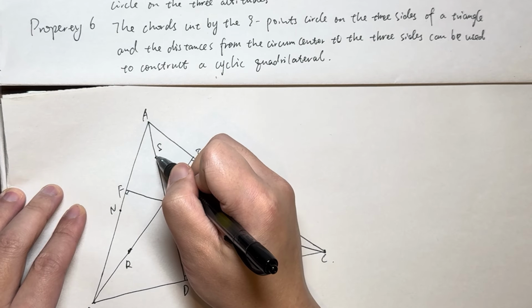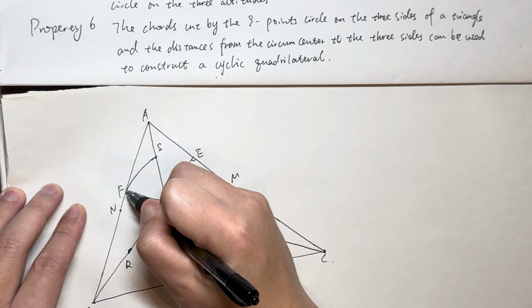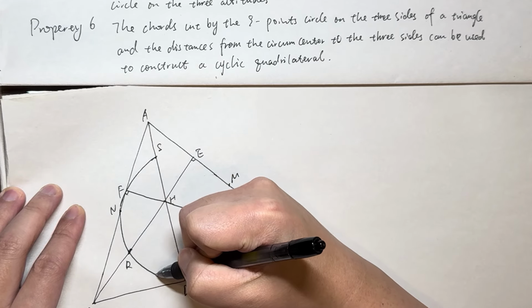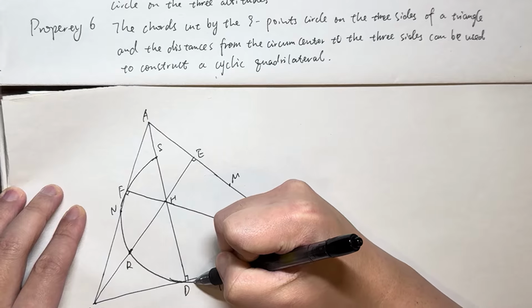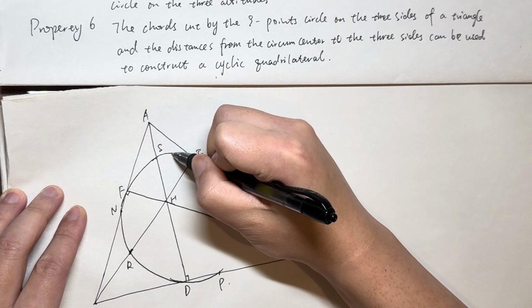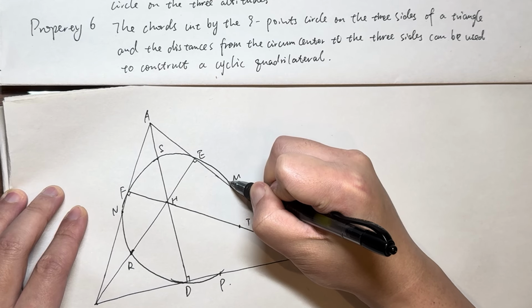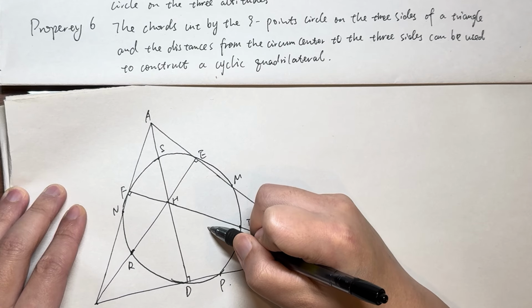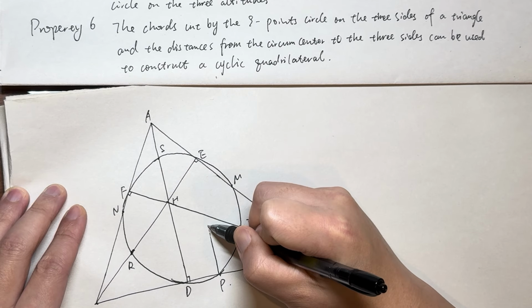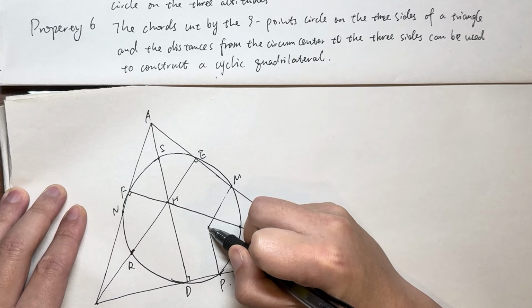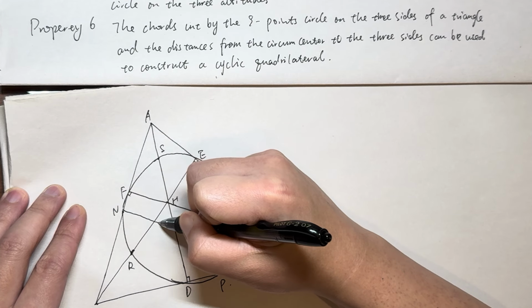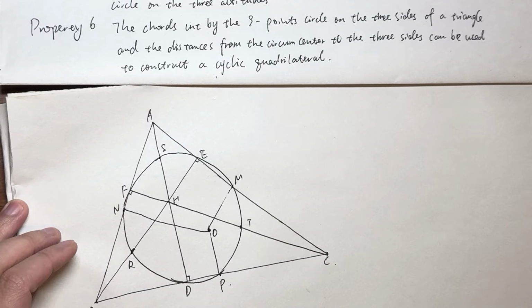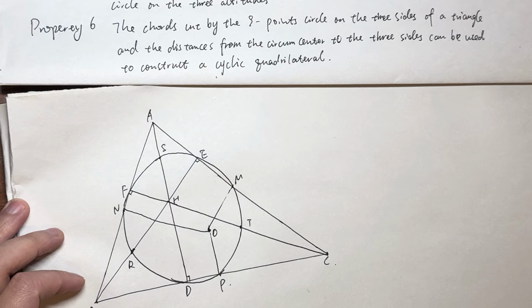Let's draw the 9-point circle. Okay, and we want to find the circumcenter, which is O here, right?